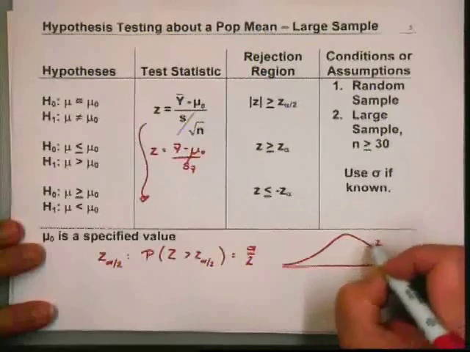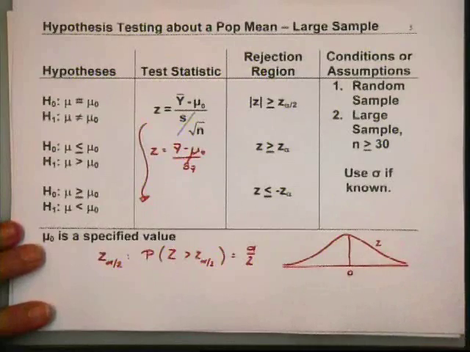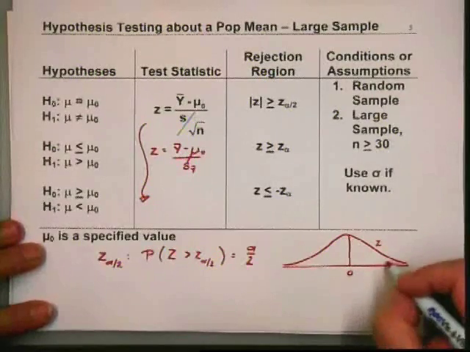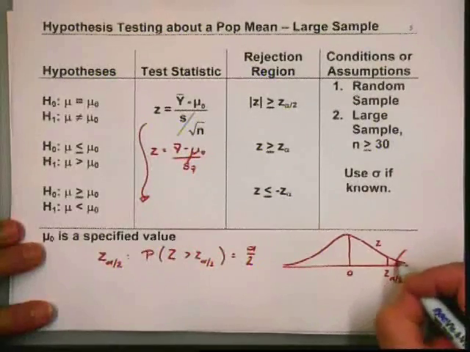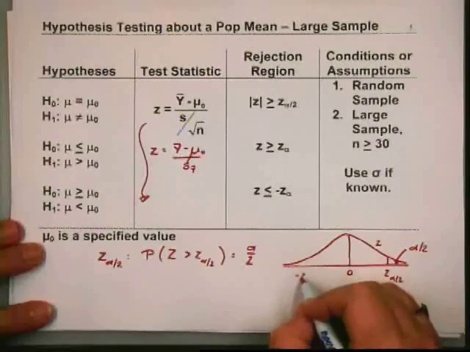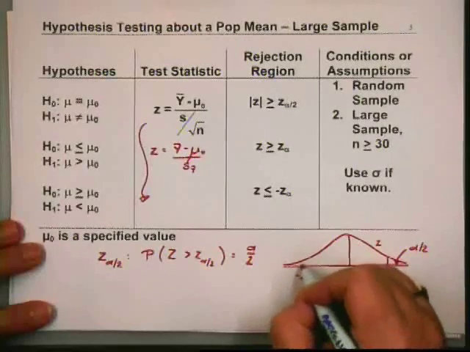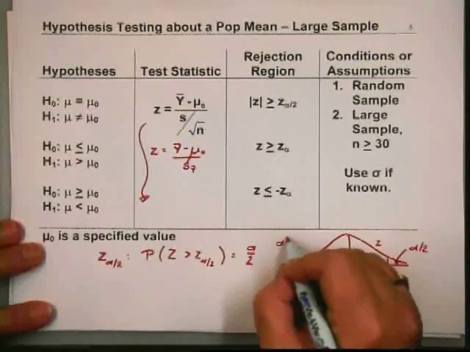My normal distribution is getting a little lumpy. So when we write this z alpha over 2, that means this right-hand area is equal to alpha over 2. Negative z alpha over 2 is over here, which means that this area is alpha over 2.